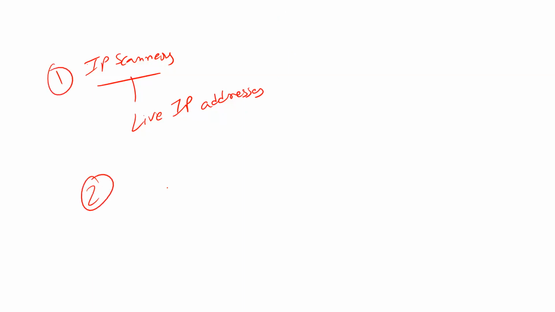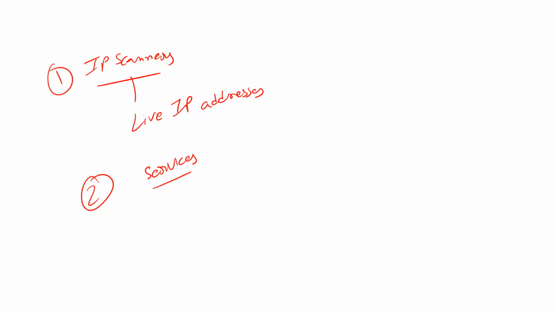And the second objective is to find running services. The second objective is to identify the running services on the target system, or if there are multiple IP addresses, try to see what running services are available on each and every server.